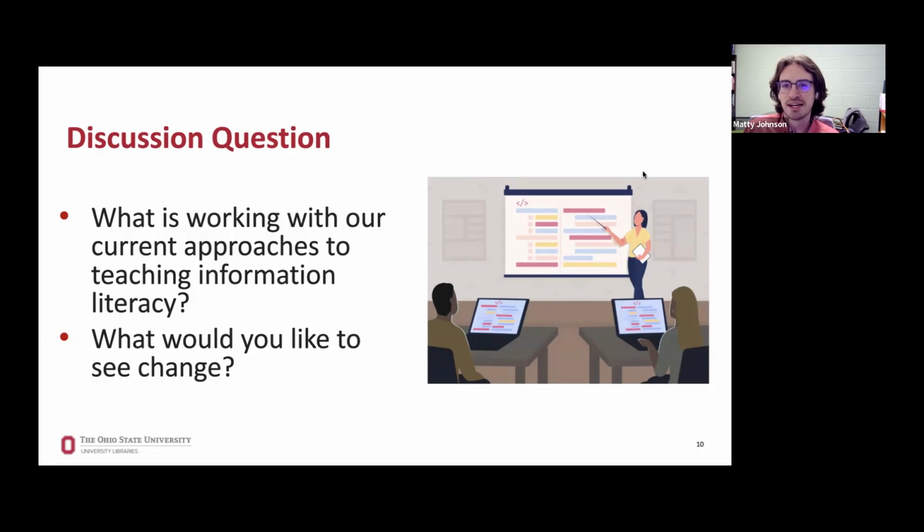But if we think about that specific framing and how that leads to the idea that maybe we're not doing what we think that we're doing, it contributes to this disengagement among librarians.